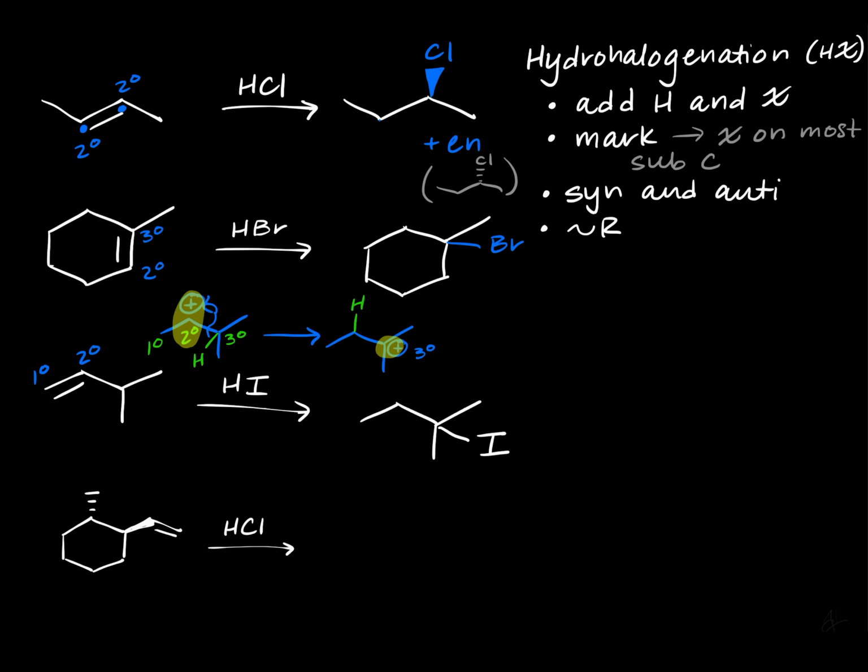Finally, let's look at this last question down here. This is a secondary carbon and a primary carbon. The question is, well, we need to add hydrogen and a halogen. But before we do that, we've seen that we can do carbocation rearrangement.